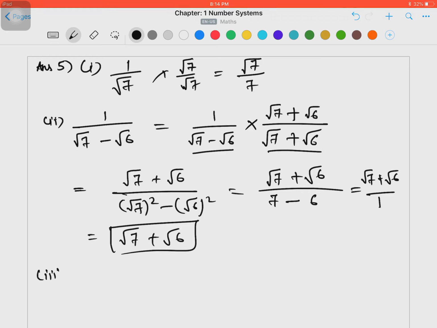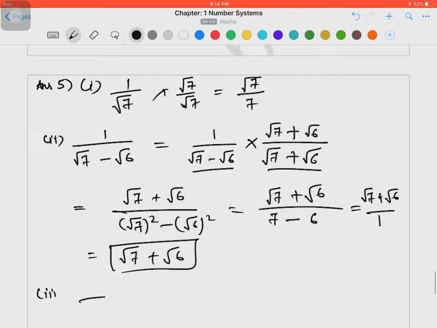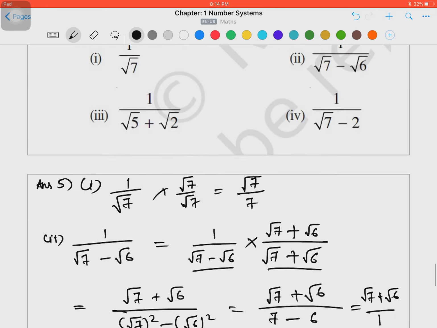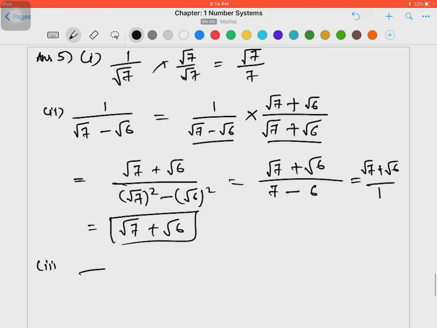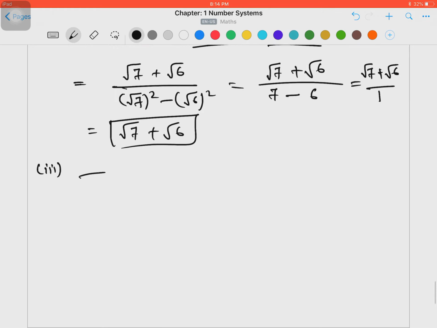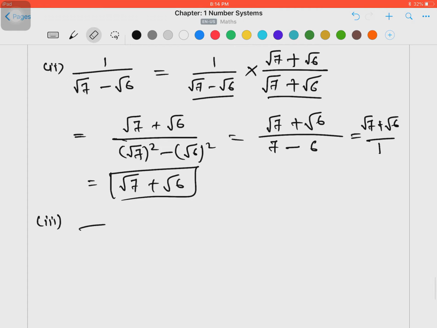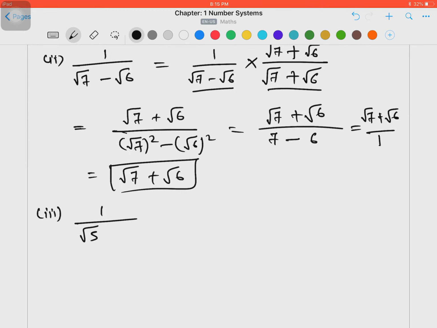Part 3, we have 1 by root 5 plus root 2.